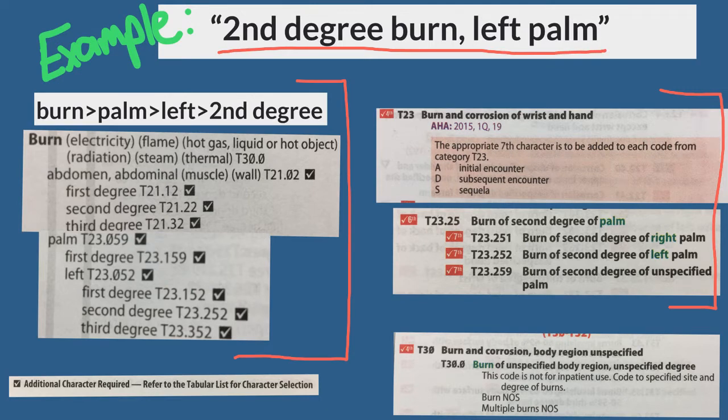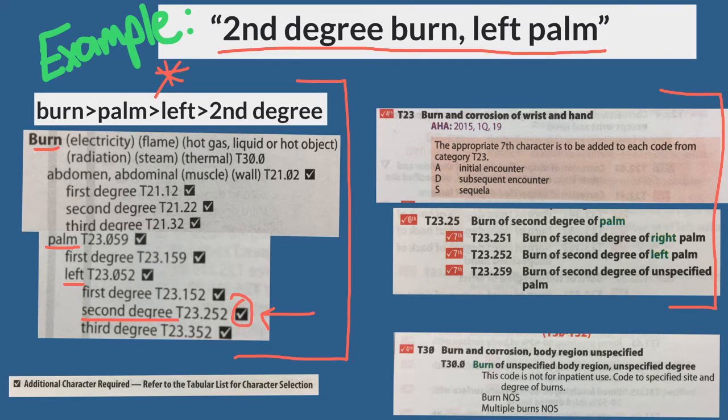Beginning in the alphabetic index, we begin with the main term burn. Note all of these non-essential modifiers here. Main term burn, subterms palm, left, second degree. This leads us to code T23.252.